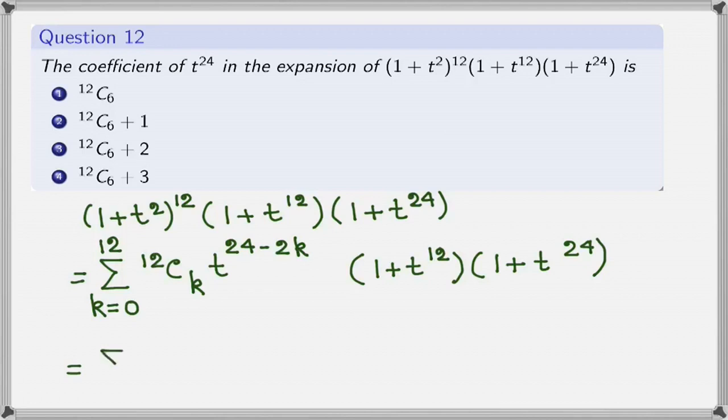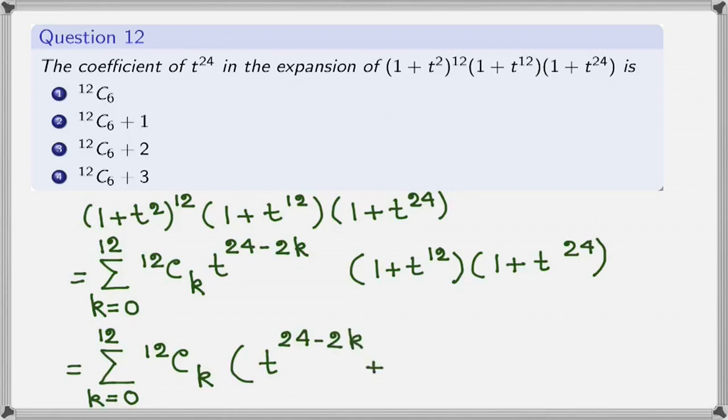This is equal to sum from k equal to 0 up to 12, 12Ck into t to the power (24 minus 2k) plus t to the power (36 minus 2k) plus t to the power (48 minus 2k) plus t to the power (60 minus 2k).